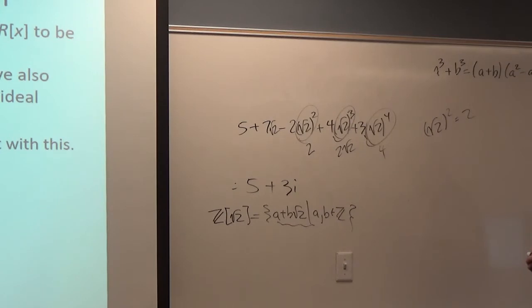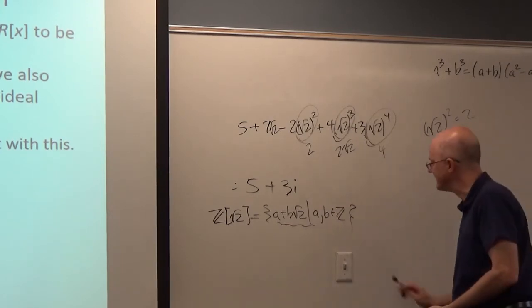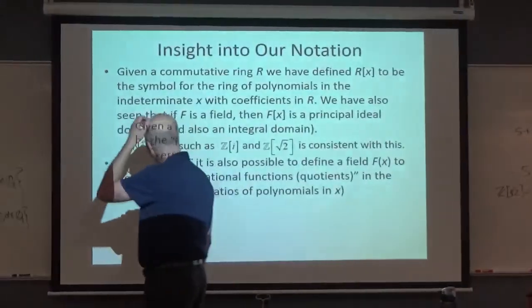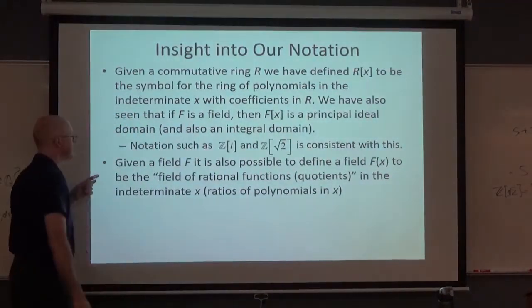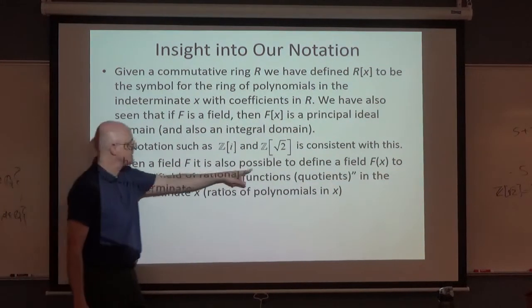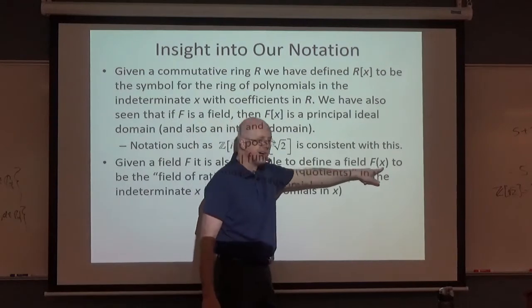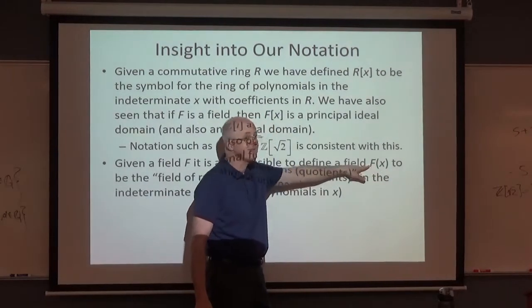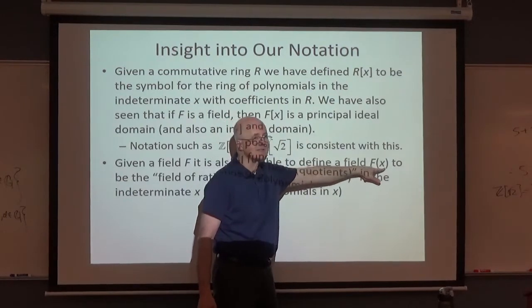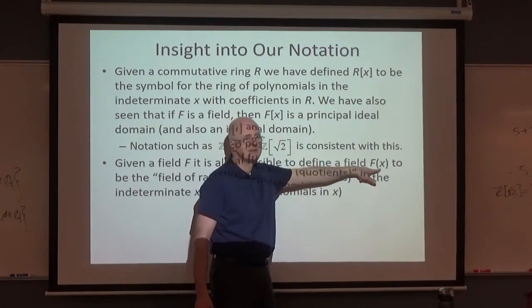More notation. What if we use parentheses instead of square brackets? Where we're talking about polynomials, so to speak, in the abstract. Given a field F, it is also possible to define a field F of x. This is not a function here. Careful, it's tempting to think that's a function.